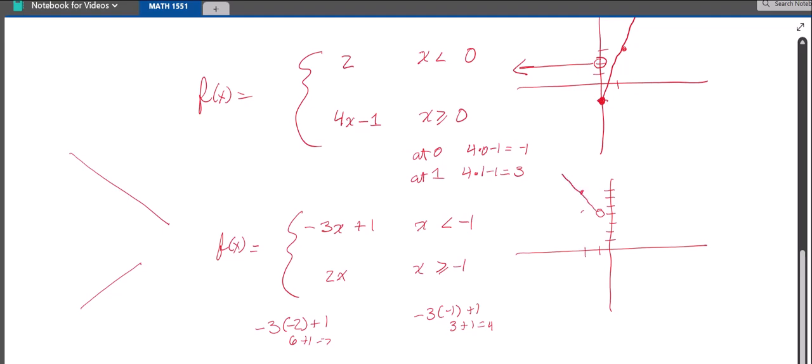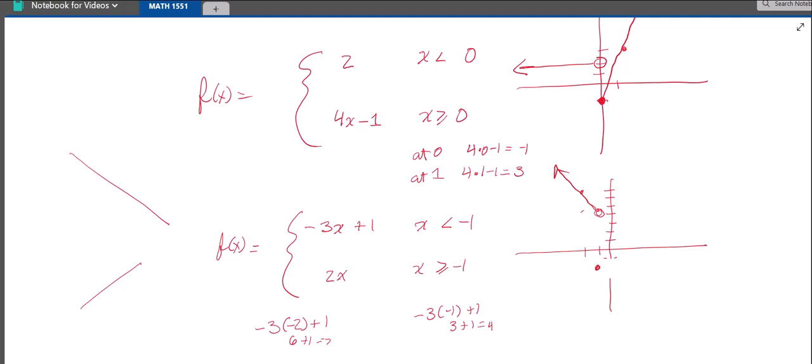And so it goes like that, and it stops at the open circle. And then for 2x, x greater than negative 1. So I'll plug in negative 1, and I get negative 2. And that's a closed circle because it includes it. And then I'll plug in, whoops, that was at negative 1. Should have been right there.